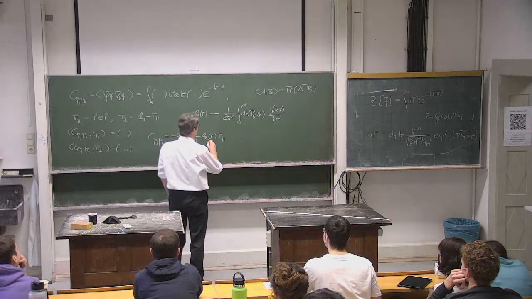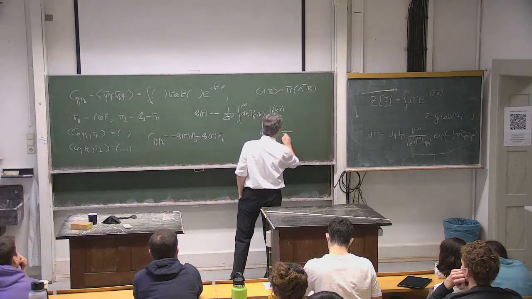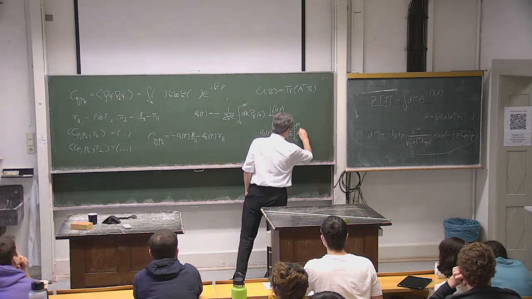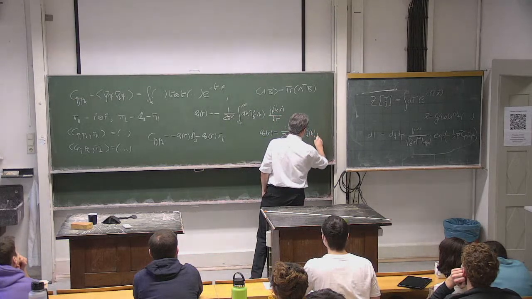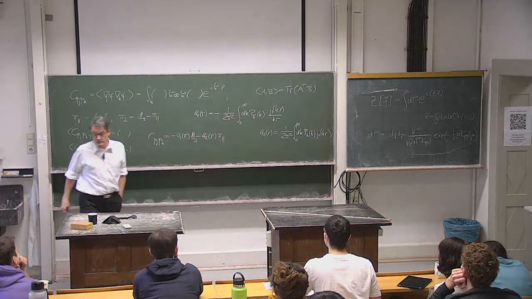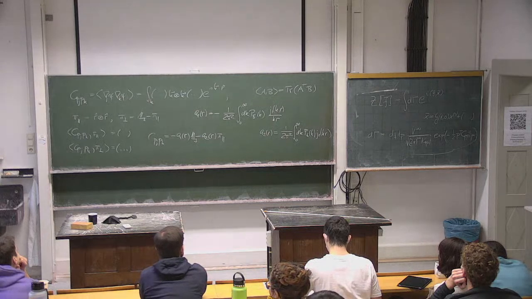And for a2 of r, we had 1 over 2 pi squared, integral 0 to infinity dk k P_delta of k times j2 of kr, the spherical Bessel function, first kind, second order, and so on. So that was the result.